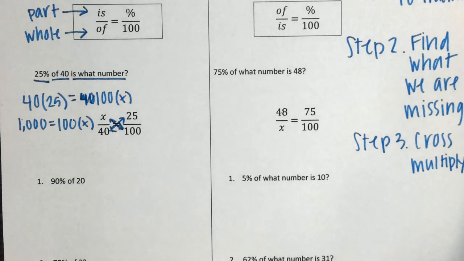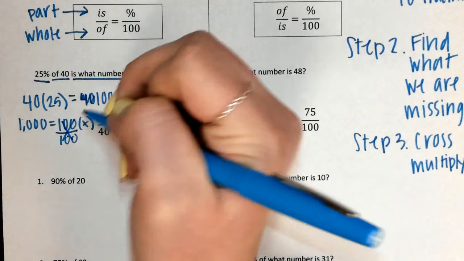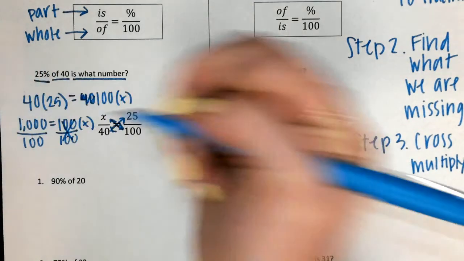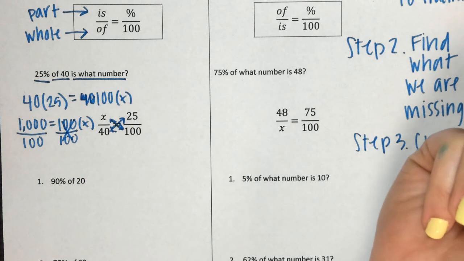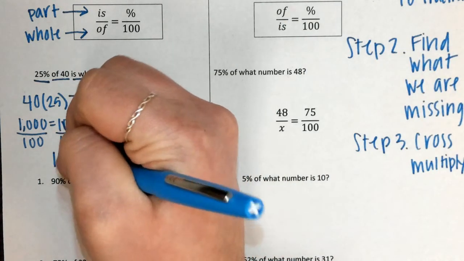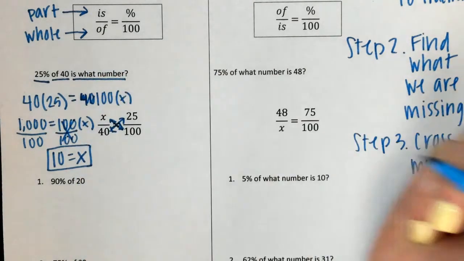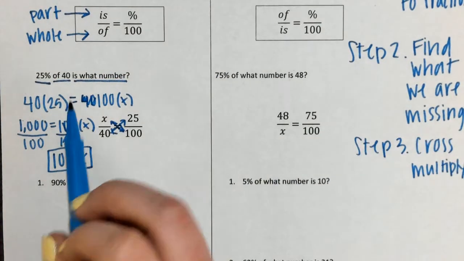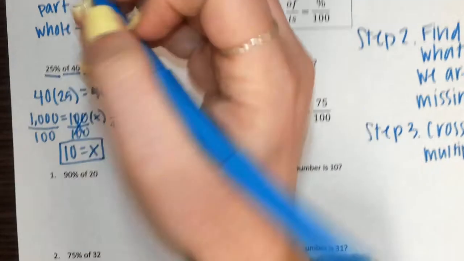We're going to divide by 100 because we were multiplying 100x. So 1,000 divided by 100 equals x. 1,000 divided by 100 is 10. So 10 equals x, and that is our answer. That shows that 25% of 40 is 10.